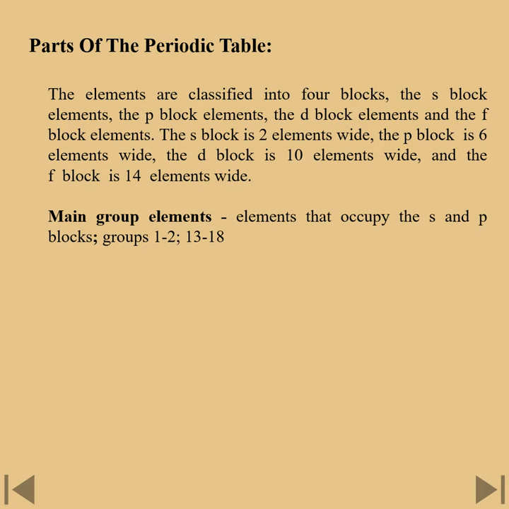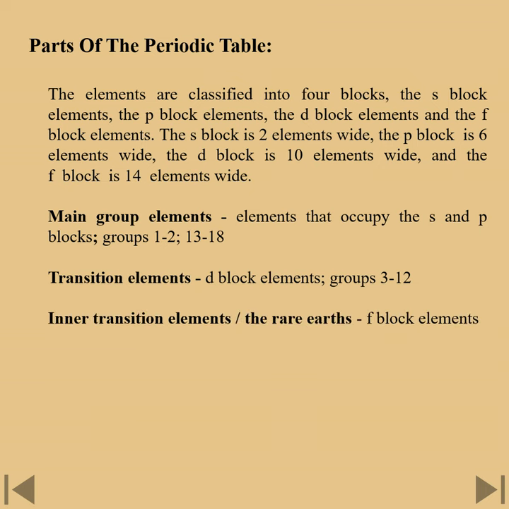That's what makes them very predictable, and hence the main group elements. Then we have the transition elements, which are the guys in the middle. And then we have what are called the inner transition elements, sometimes called the rare earth elements, sometimes they're called the lanthanide and actinide series, and these are the guys at the very bottom.